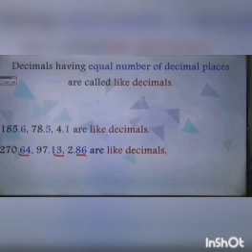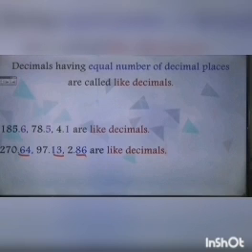Decimals having an equal number of decimal places are called like decimals. Example: 185.6, 78.5, 4.1, they all are like decimals. On the other hand, 270.64, 97.13, 2.86, these are all like decimals too.